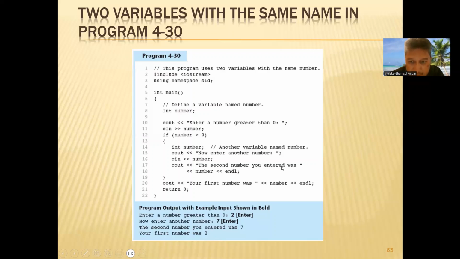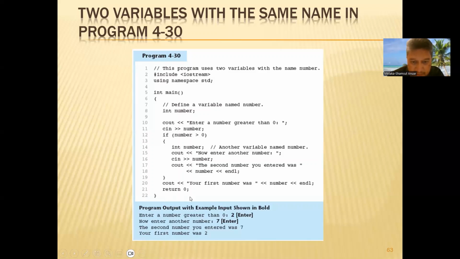The second number you entered was this number, but this is happening inside this local block. Then you go out of the block. Your first number was number. So it still remembers outside of that block.